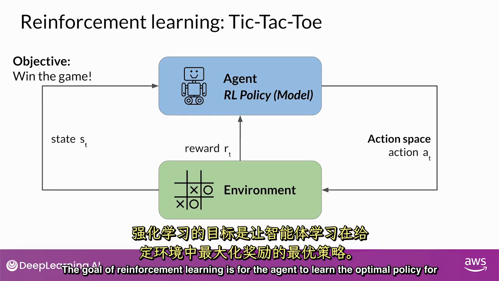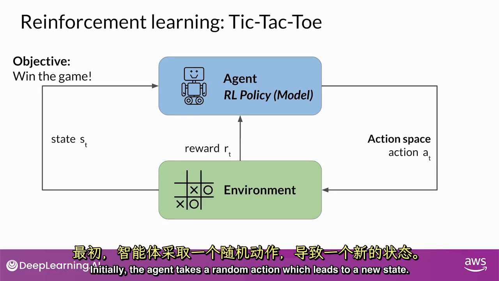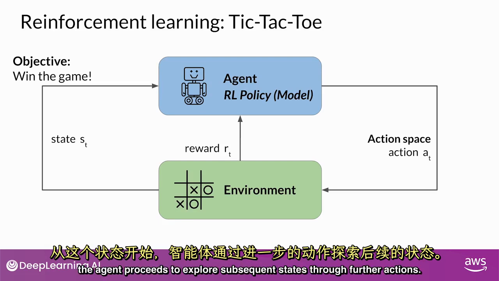The goal of reinforcement learning is for the agent to learn the optimal policy for a given environment that maximizes the rewards. This learning process is iterative and involves trial and error. Initially, the agent takes a random action, which leads to a new state. From this state, the agent proceeds to explore subsequent states through further actions.